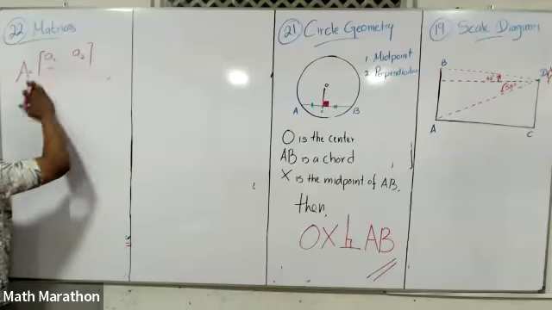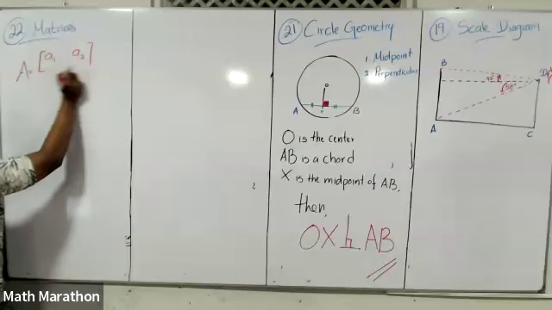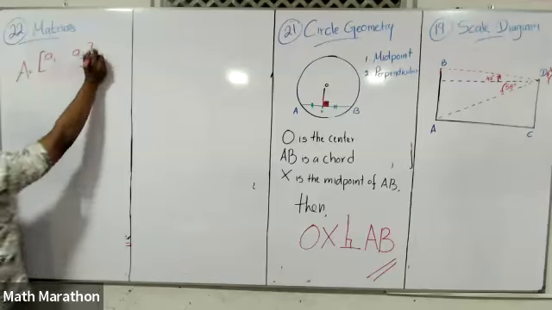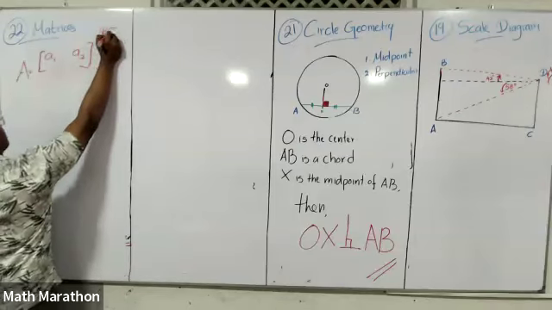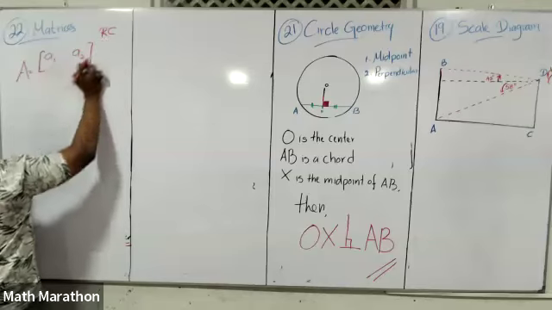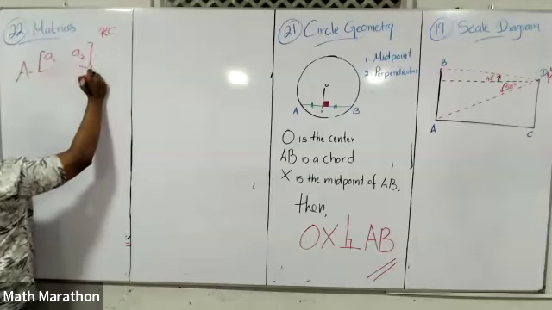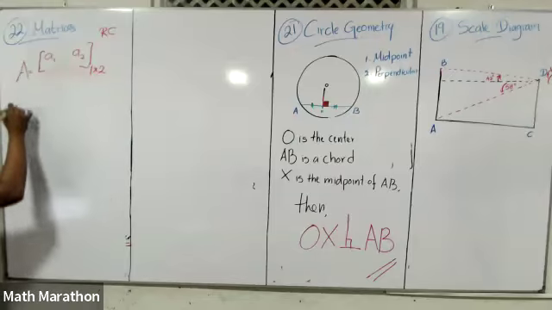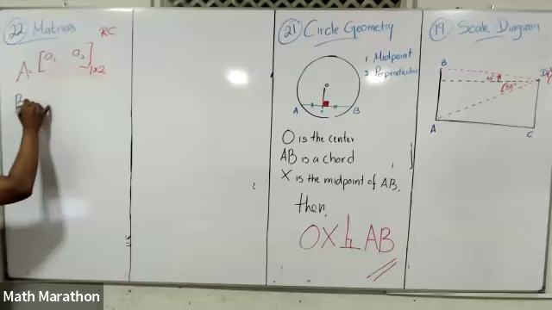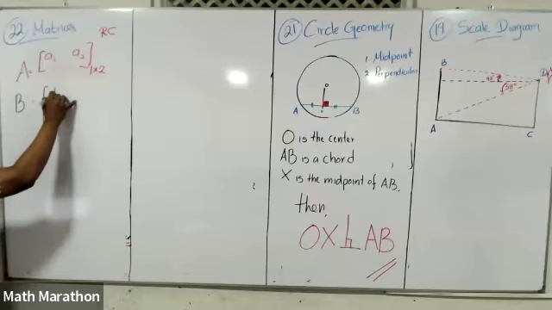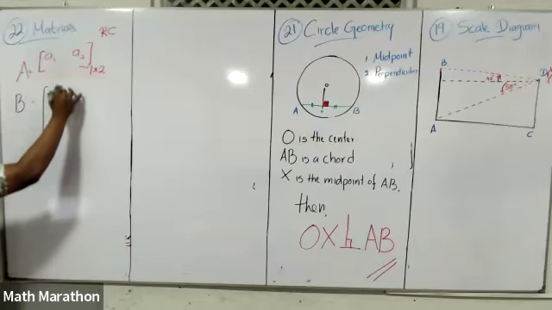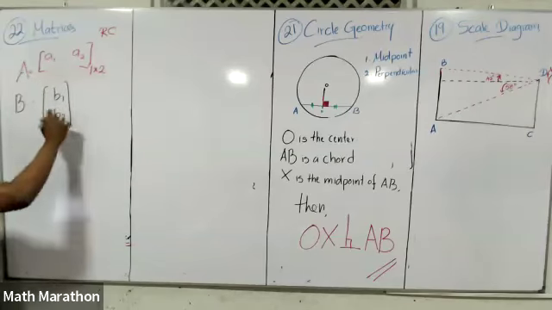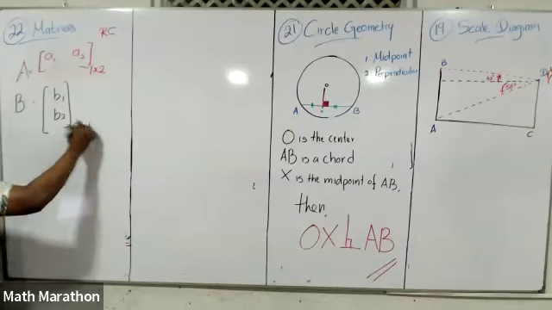Okay, I'll go with the basics. Order is number of rows multiplied by number of columns, RC. Number of rows is 1, number of columns is 2. I'll take B: B1, B2. Rows into columns. Number of rows is 2, number of columns is 1.